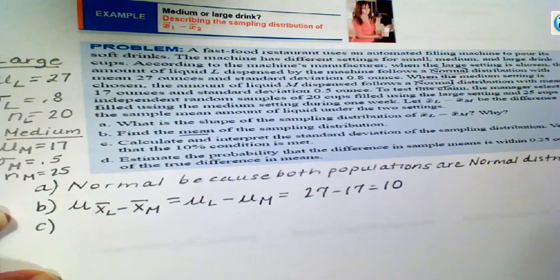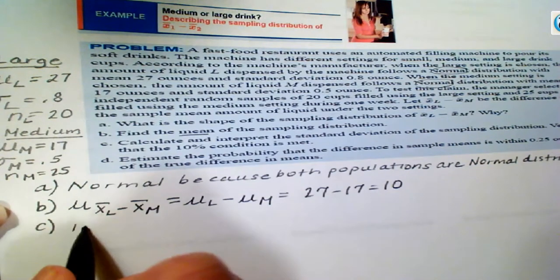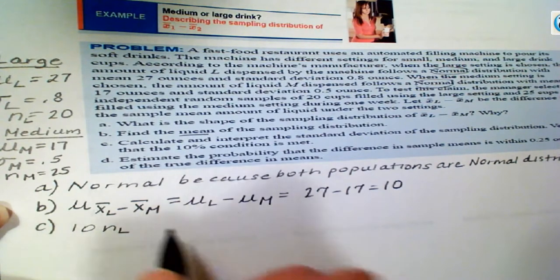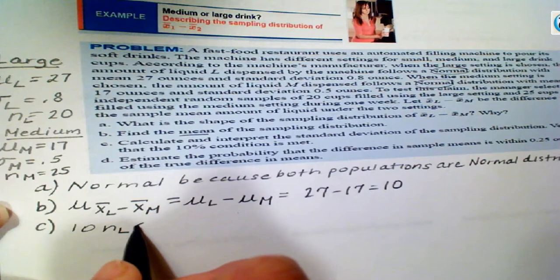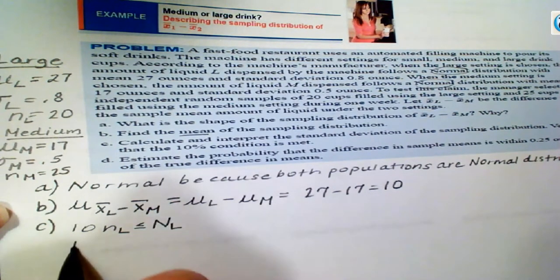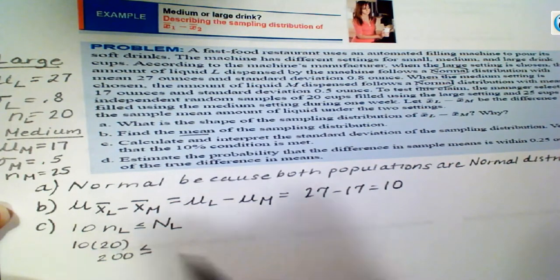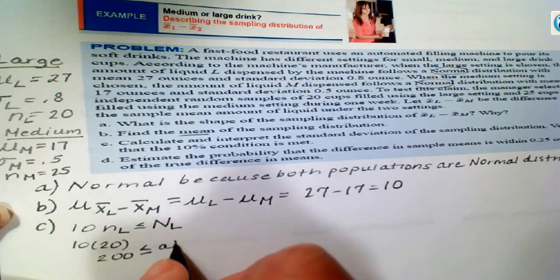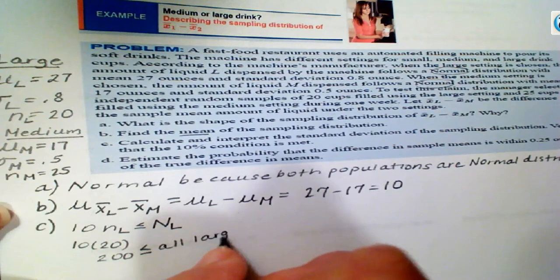Okay, the next one says calculate and interpret the standard deviation, and verify the 10% condition is met. So let's do the verification of the 10% condition. 10 times the number in the sample of large has to be less than or equal to the population of the large. So 10 times 20, which is 200, is less than or equal to all large cups.